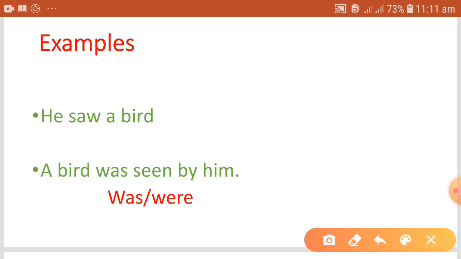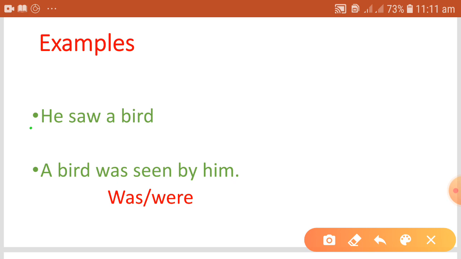You can easily guess which sentence is in active voice and which one is in passive voice. Yes, the first sentence is active voice and the second sentence is passive voice.